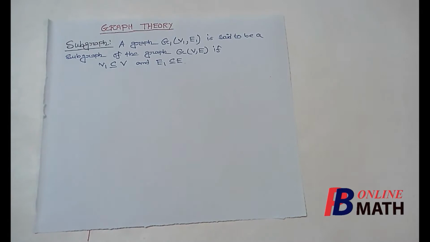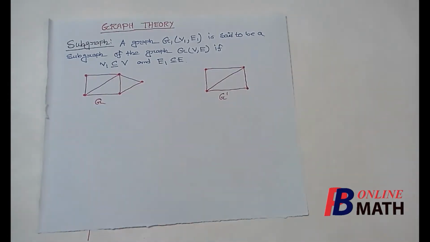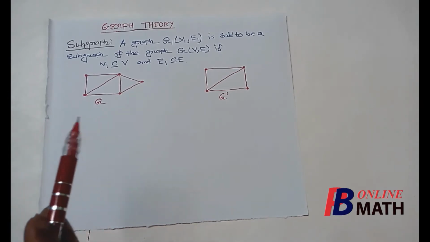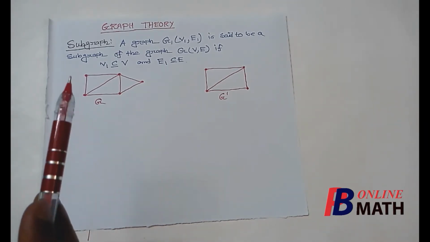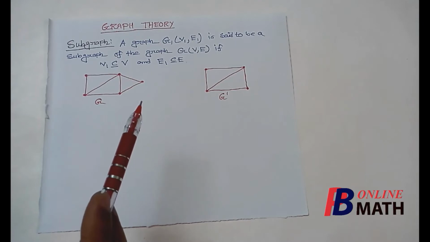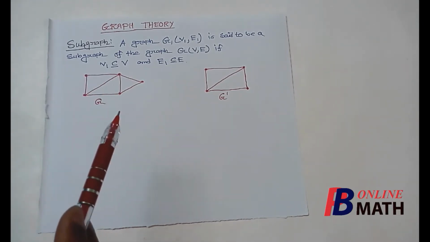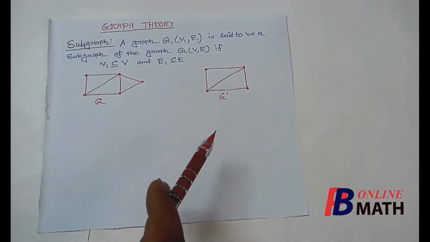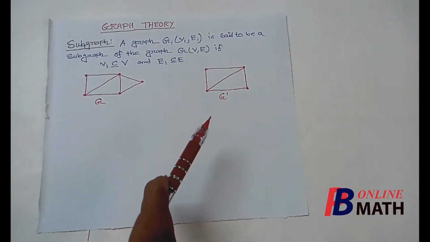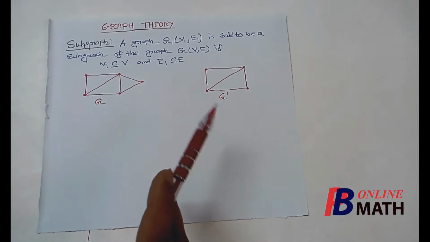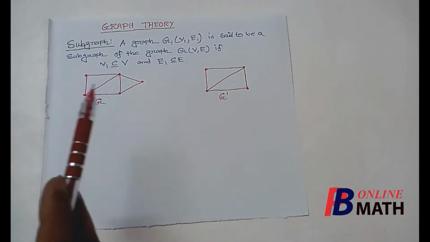Now we give one example. If we consider this graph G, the graph has 1, 2, 3, 4, 5 vertices and 1, 2, 3, 4, 5, 6, 7 edges. Now if we consider this graph G dash, then this graph G dash has 1, 2, 3, 4 vertices.